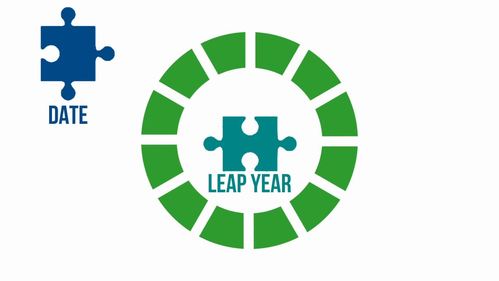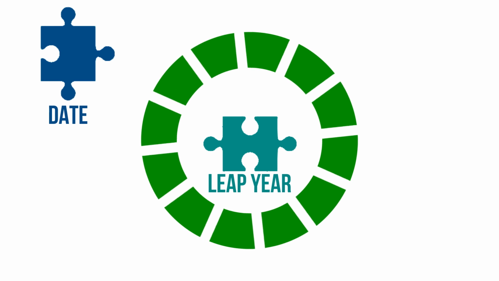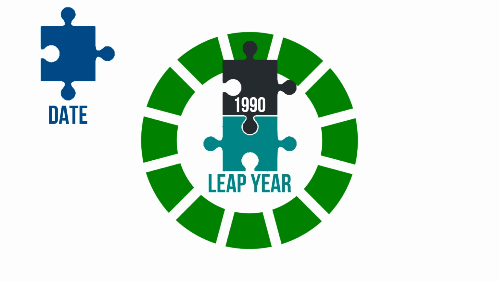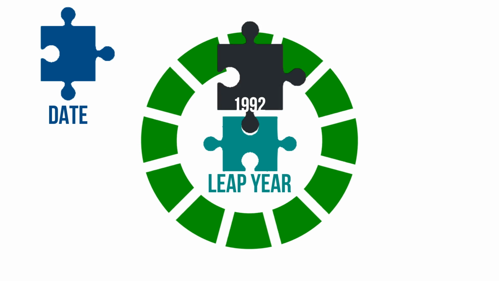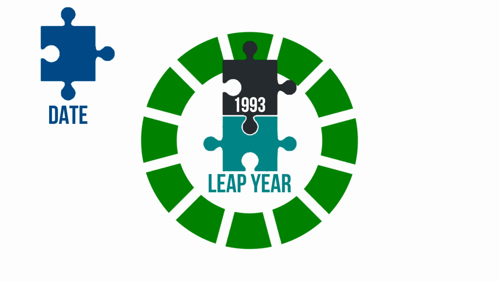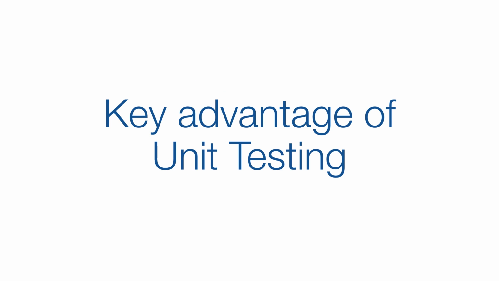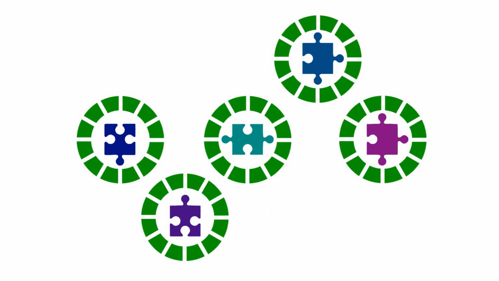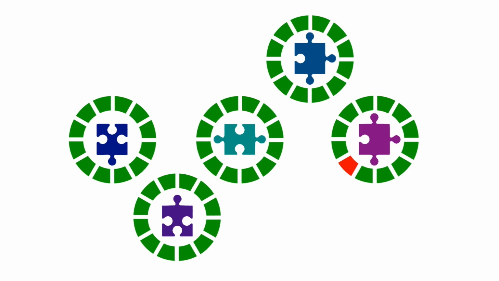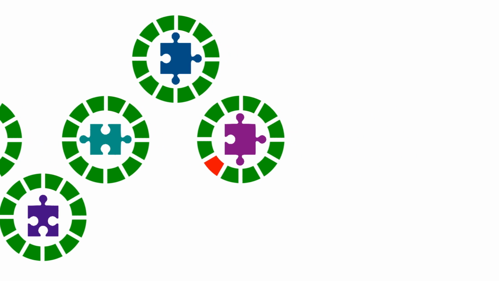That way I can feed in a whole series of dates and test that I get the right result in each case. Alas, mocking isn't always so easy. There are many real-world cases where creating suitable mocks can be tricky and time-consuming. But the payback, and this is a key advantage of unit testing, is that when a test fails, you know exactly what failed.